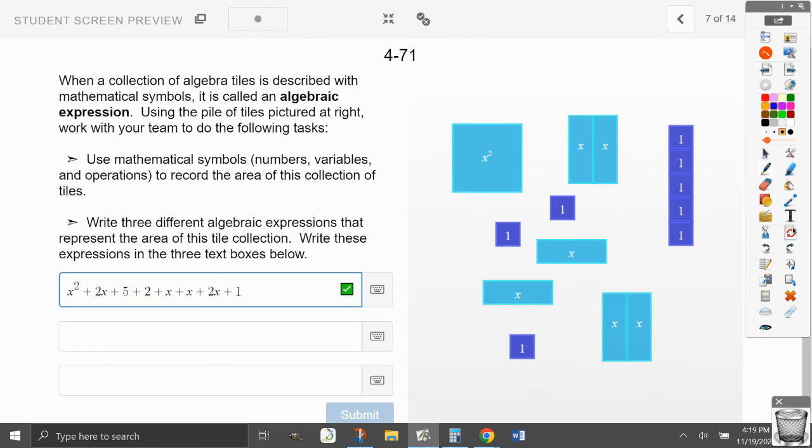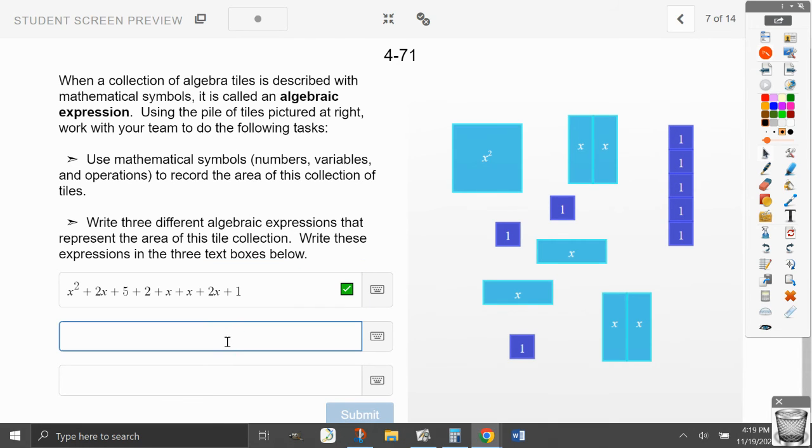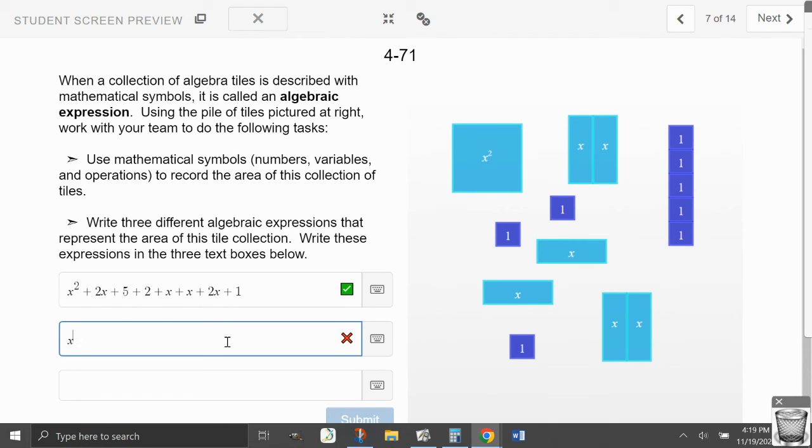So we're going to try and type that a little bit shorter. Maybe a second way to type this would be x squared, plus 2x, plus 5, plus 3, the other 3 dark blue unit tiles, plus 4 x's.